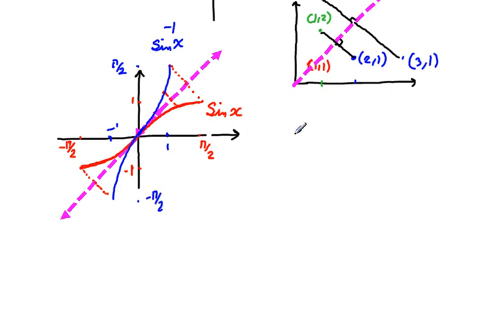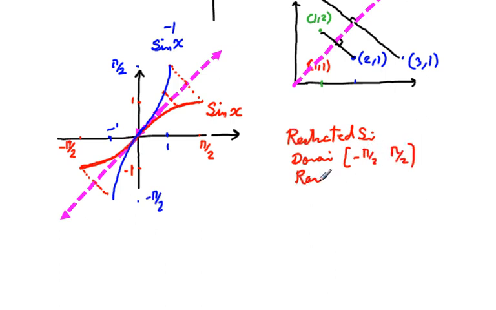So restricted sine had a domain, the set of x's that we were using, like from minus pi over 2 to pi over 2, and it had a range from minus 1 to 1. Sine inverse, or arc sine, has these two swapped.